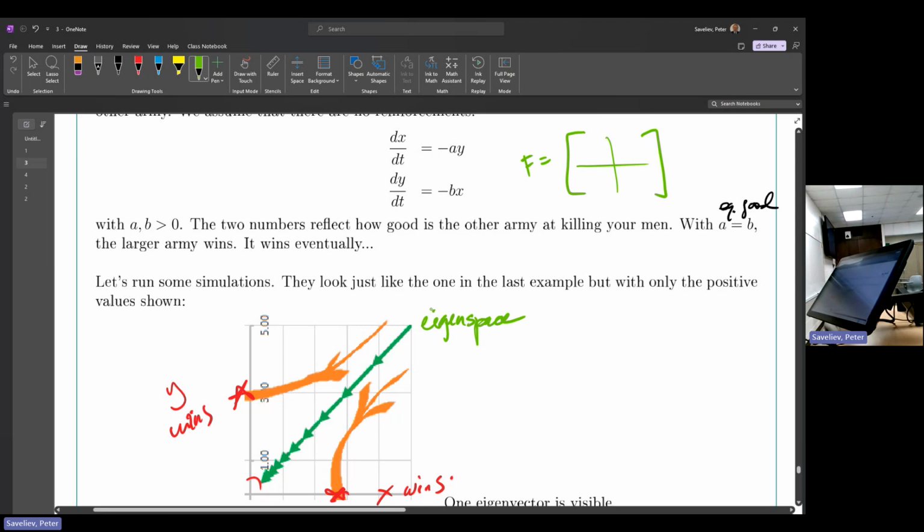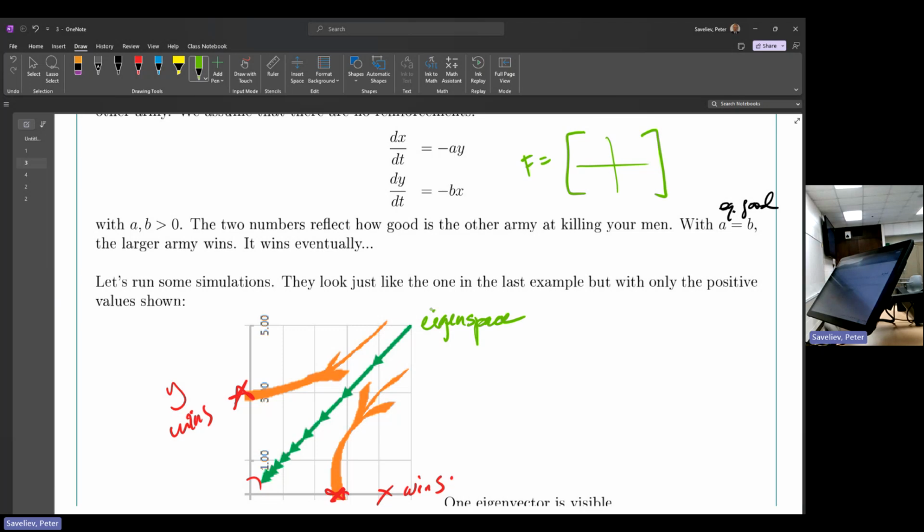So on top left is the coefficient of x in the first equation, which is 0.